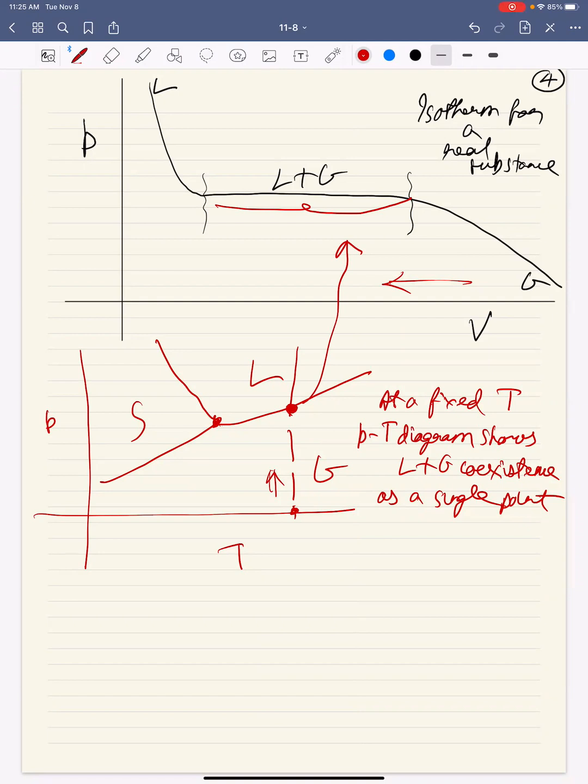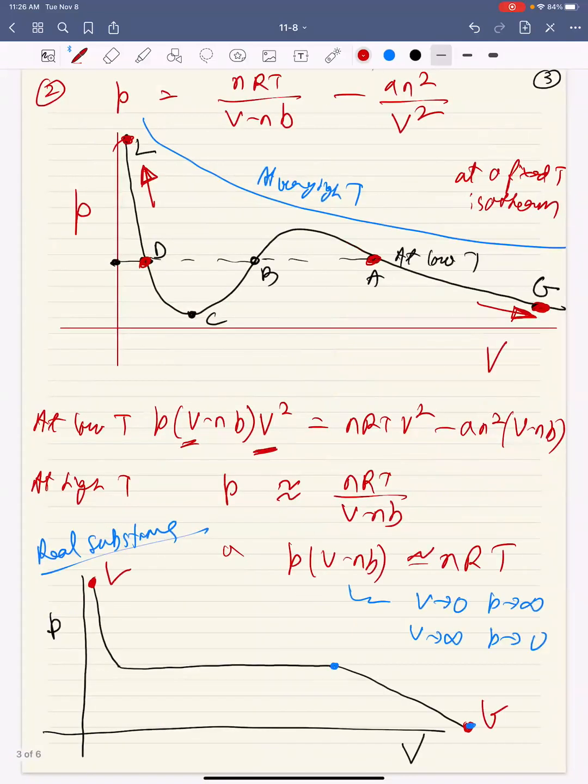Yeah, go ahead. So I still don't understand how the two curves on the previous page are different. Which two curves? The top curve and the bottom curve. The top curve is van der Waals. The bottom is a real material.